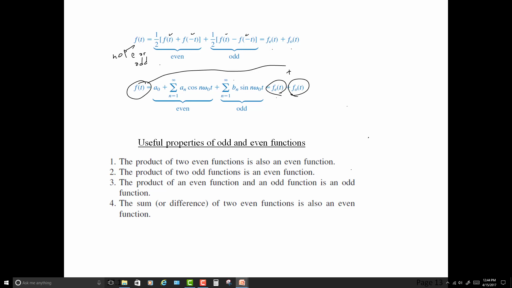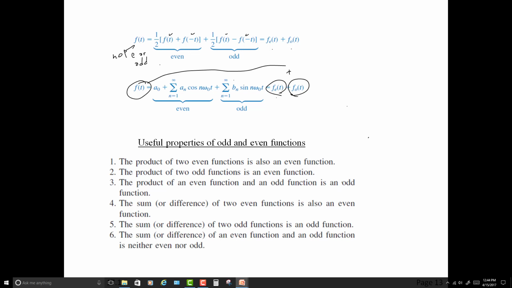What should I expect? The sum or difference, that is, of two even functions remains even. That's like integers, right? Two evens, add them or subtract them, you get an even result. The sum of two odd functions is an odd function. That's different than numbers, all right?